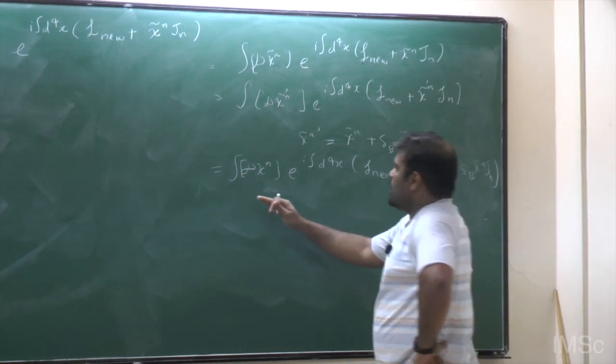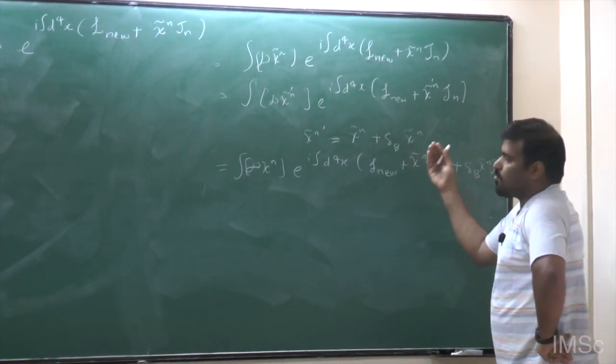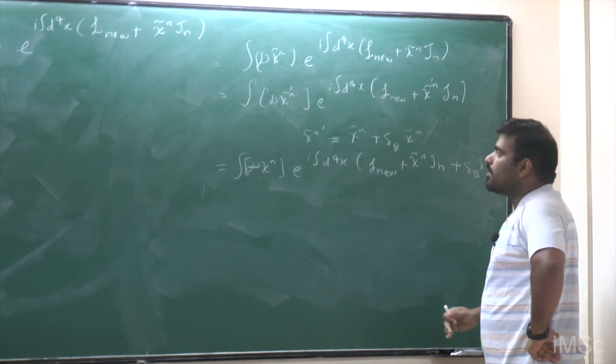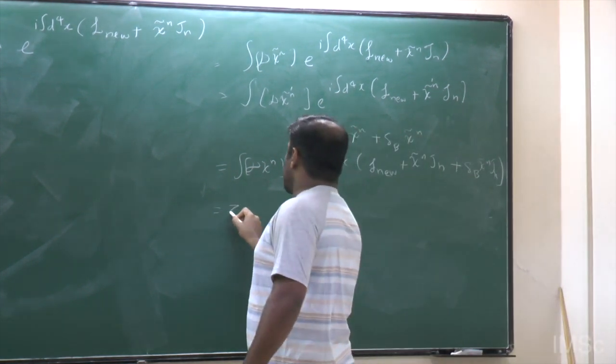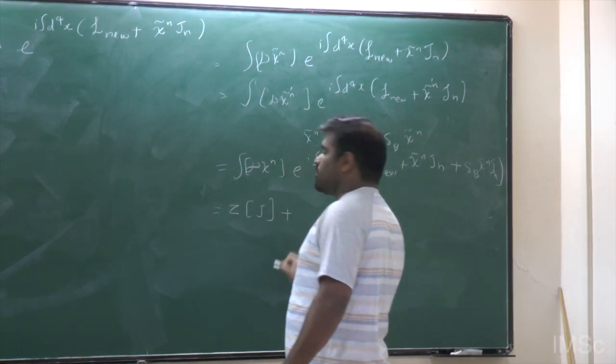So what we can do is assume that we do a small BRST transformation so that we can expand it. The first term, it's easy to check, is again the generating function.